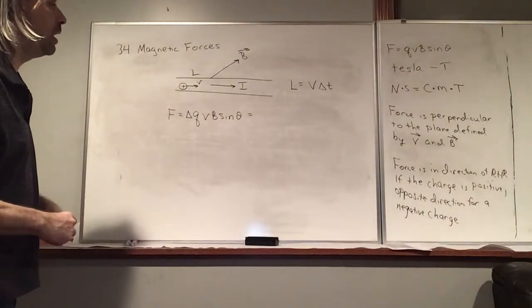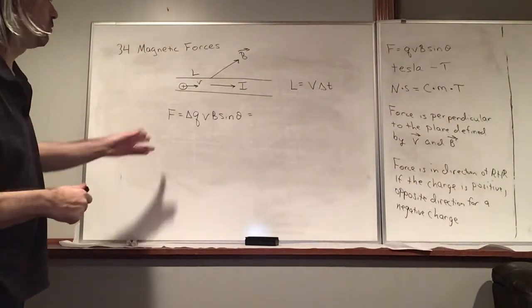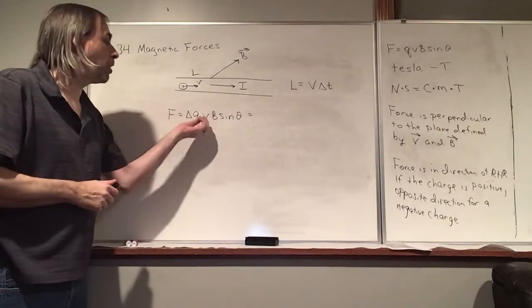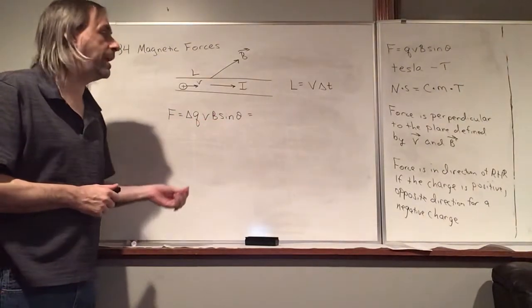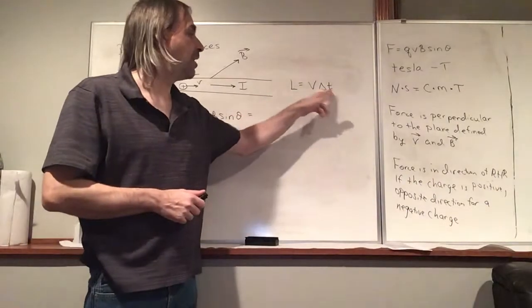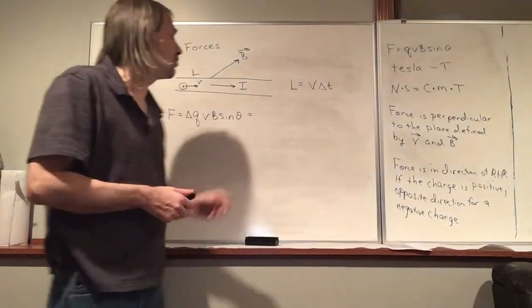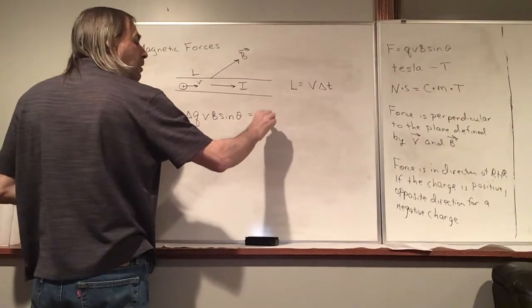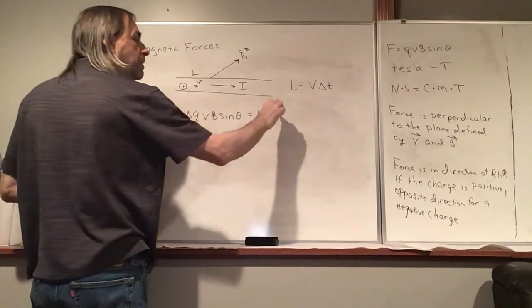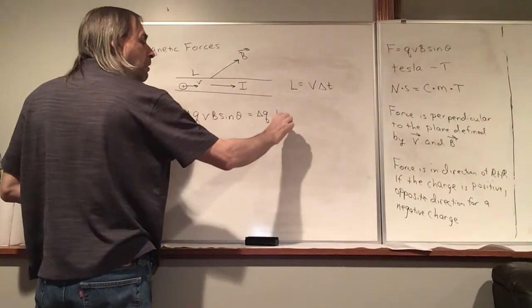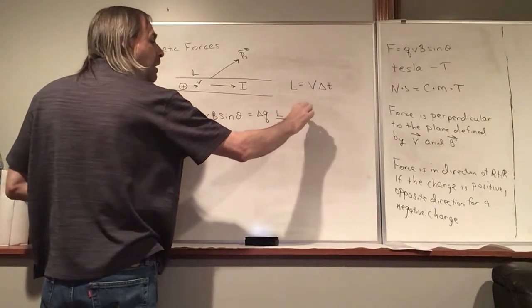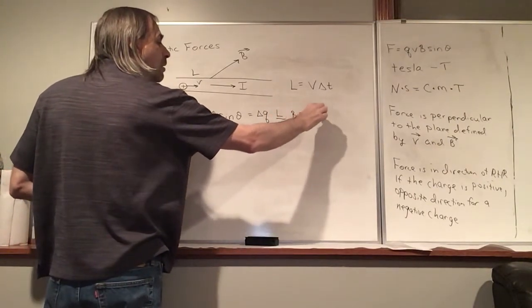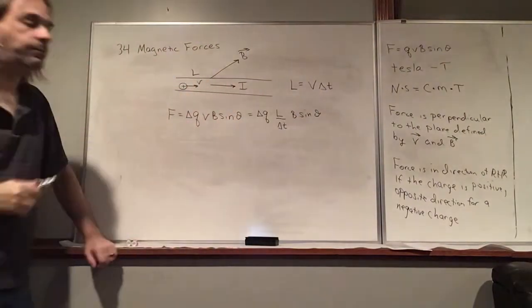And so the force then would be the total charge times v sine of theta times B. And if the time is delta t, the length of the wire is v delta t. So let's plug that in. We have delta q times v, which is L over delta t, times B sine theta.